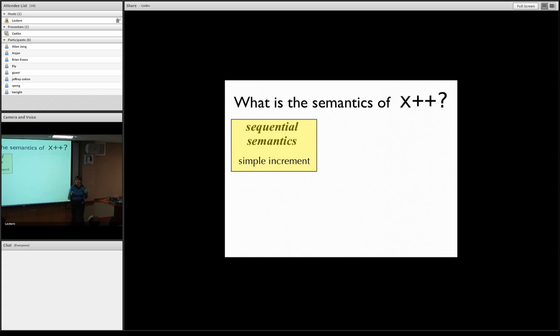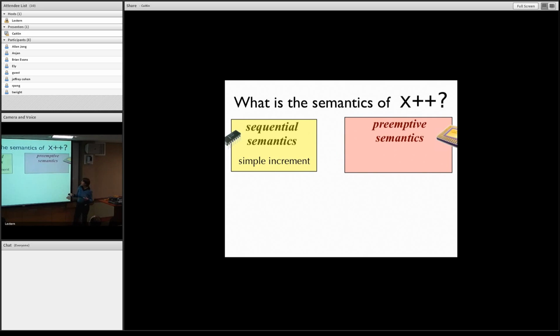Well, you have to read in the value of X, you have to modify it, and then you have to write it again. So when you have multi-threaded semantics, all of a sudden, you have a potentially non-atomic read, modify, write sequence, even though it just looks like one statement in the program.